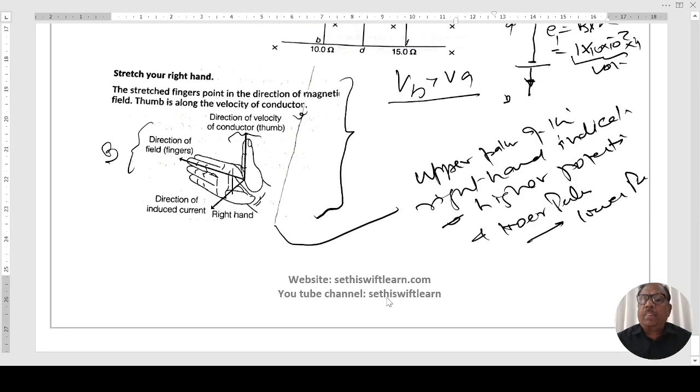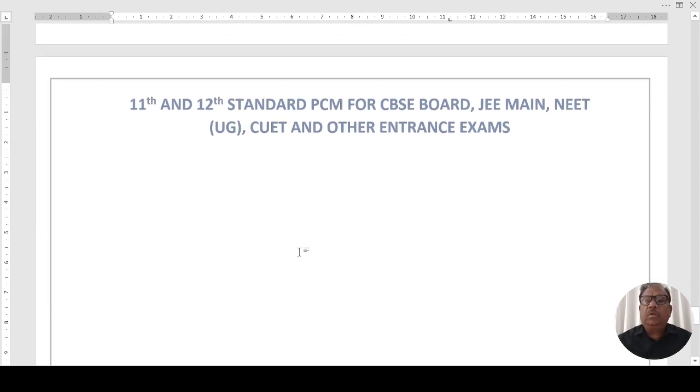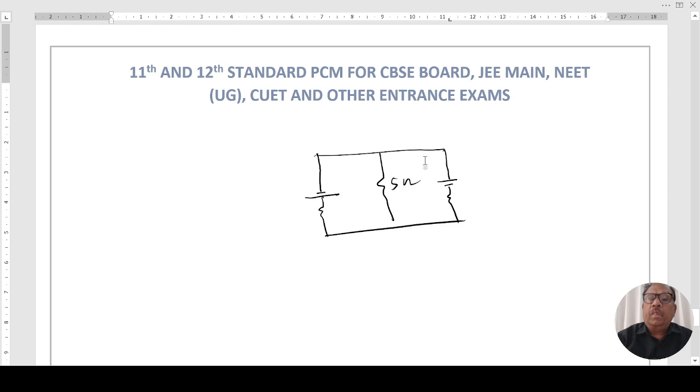Equivalent circuit will be: these are the two rails, and one is the 5 ohm resistance.